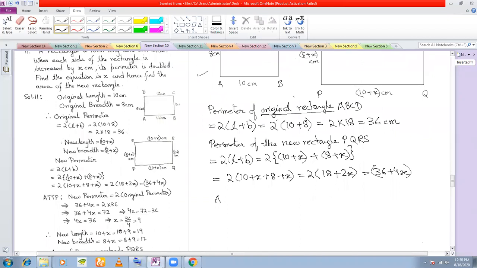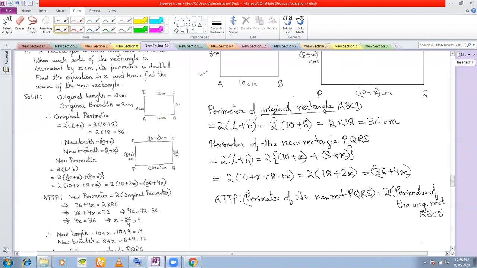According to the problem, what is given? Perimeter of the new rectangle PQRS is equal to double the perimeter of the original rectangle ABCD.